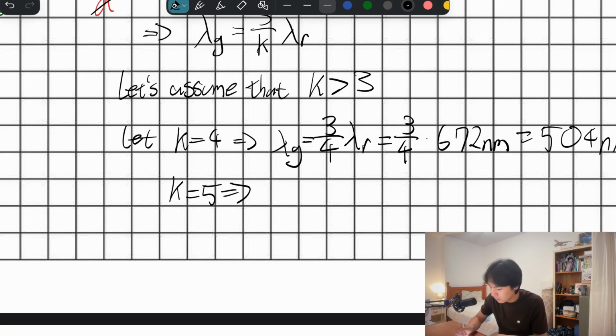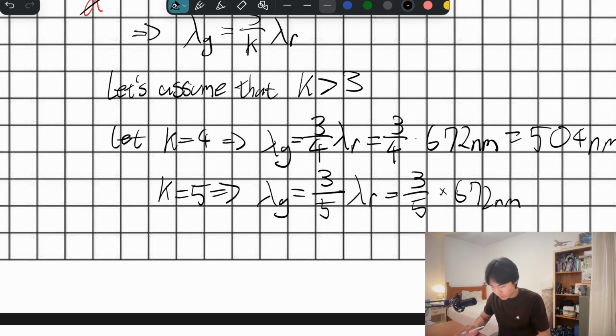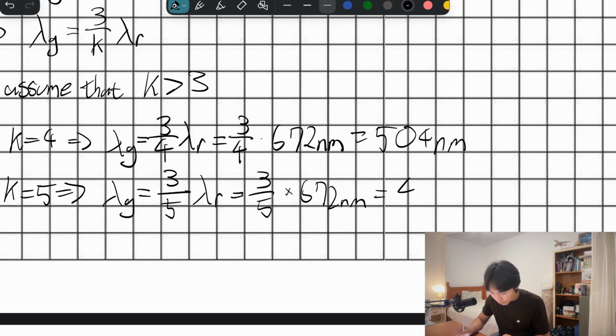Let's explore the case when k is 5. The green would be 3/5 times 672 nanometers, which is equal to 403.2 nanometers.